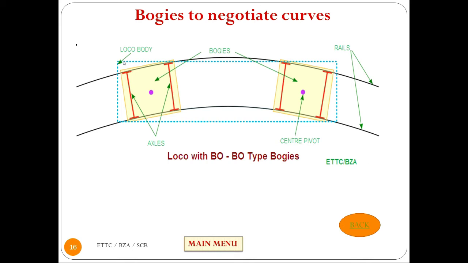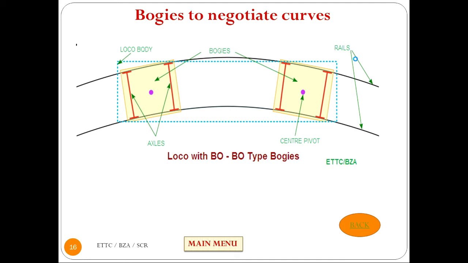In this type of bogie, the blue color dotted line is the loco body. The loco body remains in normal condition during curvature. When it is moving in curvature, the loco body remains normal, but the bogies of that particular locomotive rotate on the curvature.